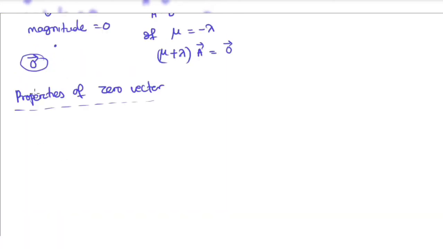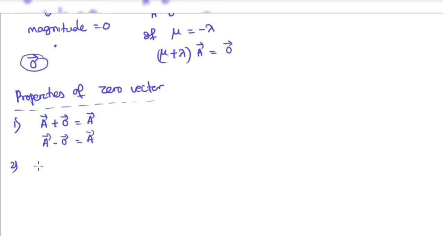So students, remember that when we add zero vector to any vector, the answer remains the same. Suppose a is a vector and we add zero vector to a vector, we will get the same a vector. Similarly, if you subtract zero vector from any vector, you will get the same vector. Means a vector plus zero vector is a vector, and a vector minus zero vector is also equal to a vector.